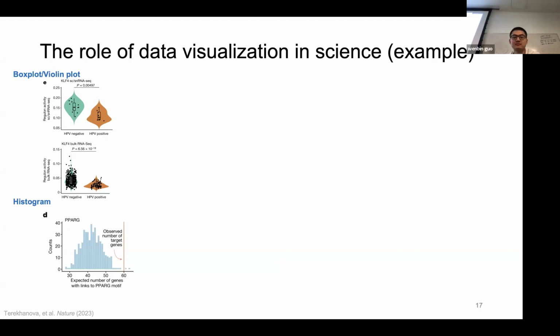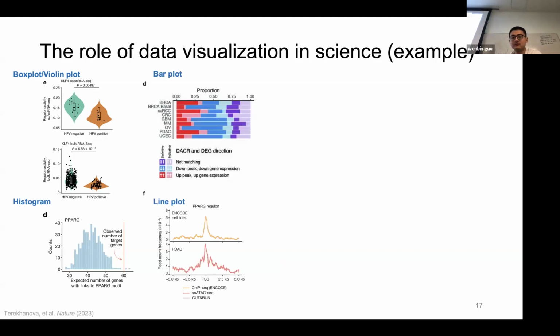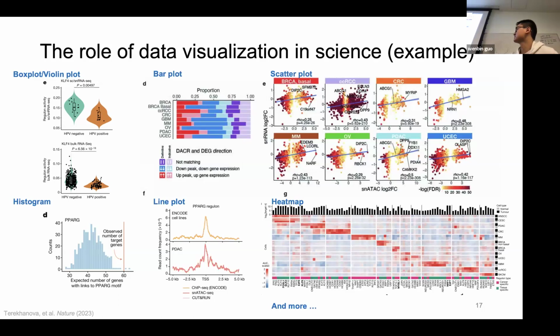For example, using box plots, violin plots, or even histograms to visualize the distribution between two groups, then using bar plots to show compositional changes, using line plots to show how genomic distance is related to some kind of signal, using scatter plots to show the relationship between two variables, and using heat maps to show the whole landscape of some features.